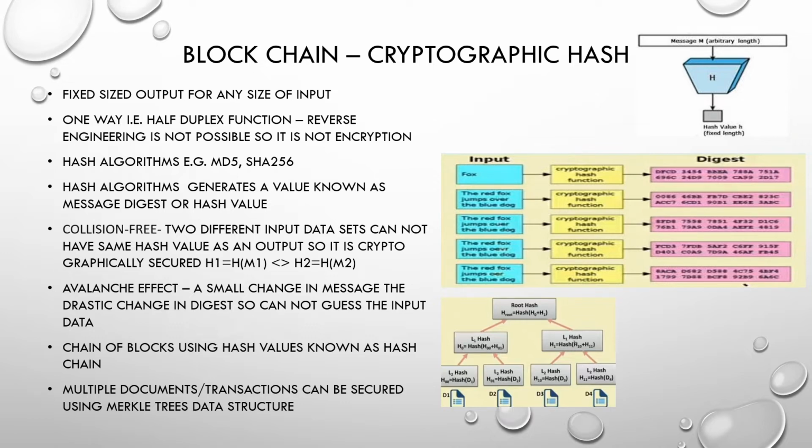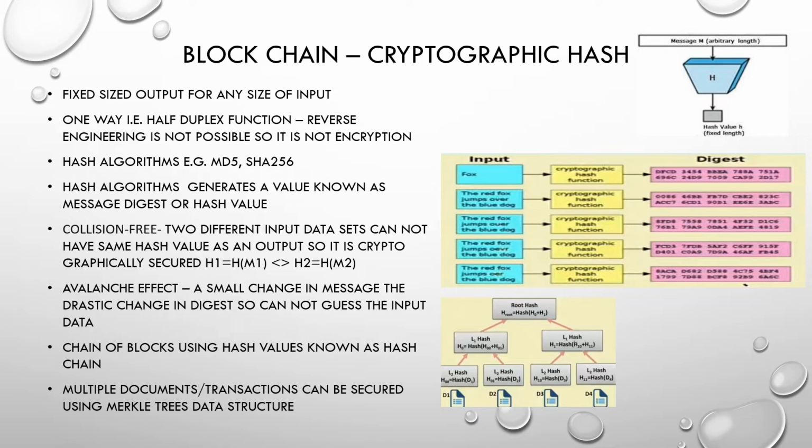It may be MD5, SHA1, SHA2. These are some algorithms known as hashing functions. They derive a 64-bit output, or they may generate a 128-bit or a 256-bit output as a hash value. So this size is fixed, and that is the beauty of this hashing algorithm.